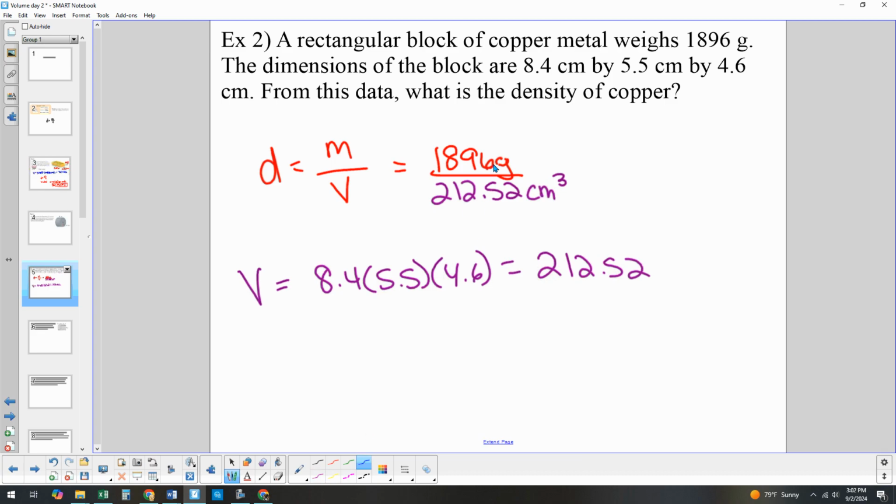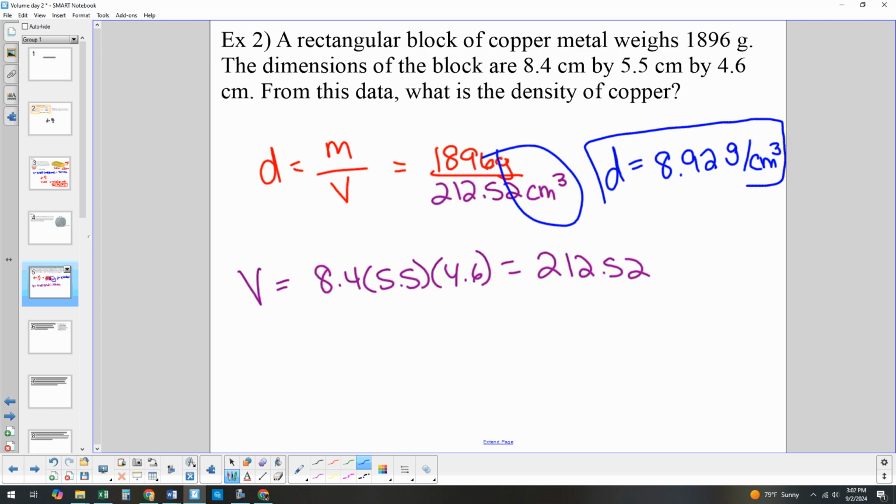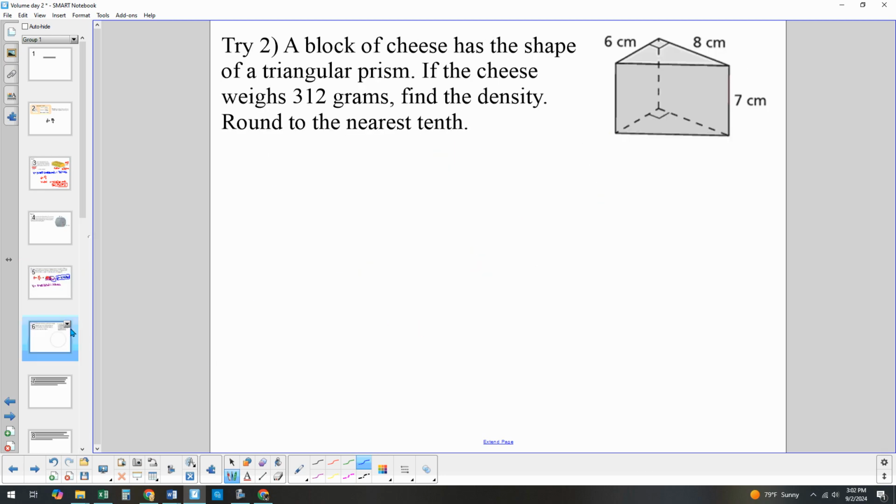So if I divide this, I get my density of 8.92, and now look at the units. Grams over cubic centimeters. So there's one here for you to try. Pause if you like. Answers are posted online.